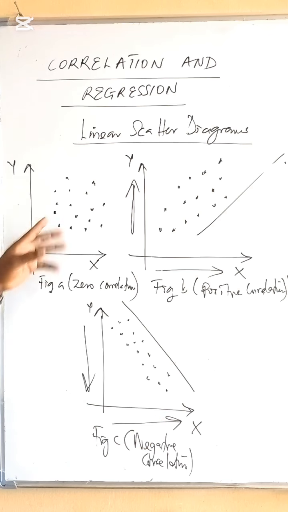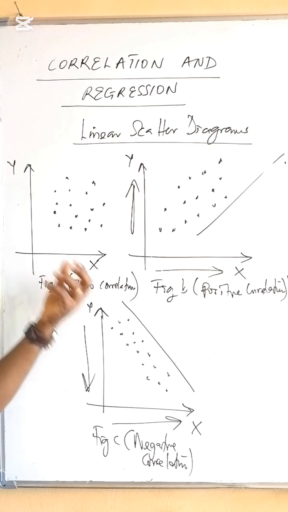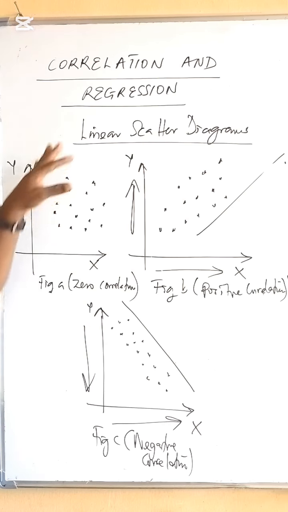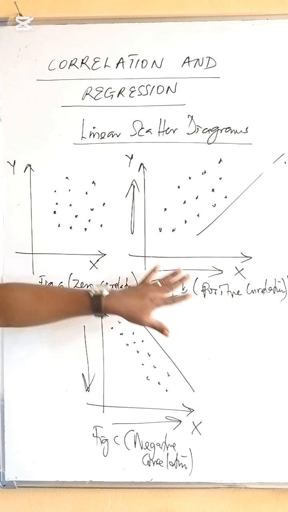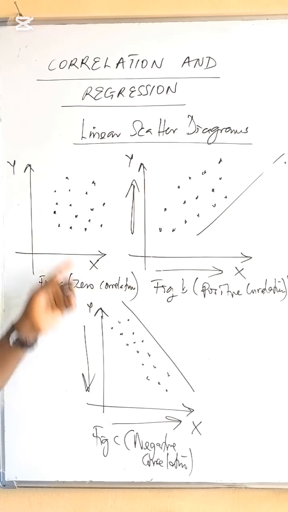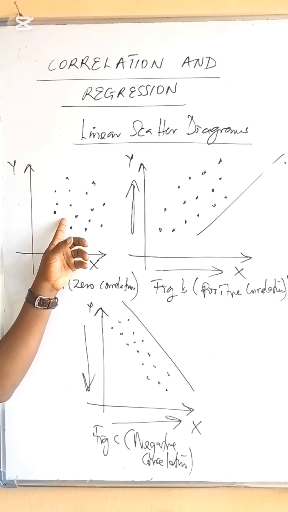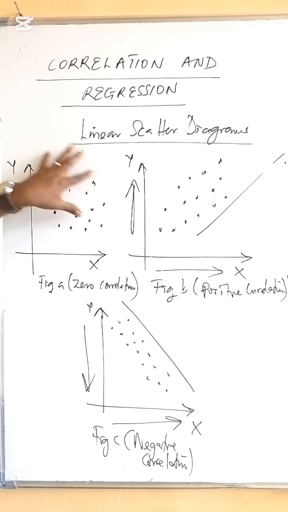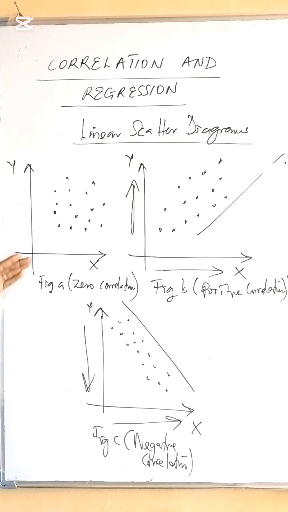So, why are they all linear cases? They are linear cases because they can be described only by straight lines, and they are also positive, zero, or negative for the reasons I have provided you. In this case, there is apparently no correlation between the variables because the points are scattered all over such that one cannot put a line showing the direction of movement of the points.